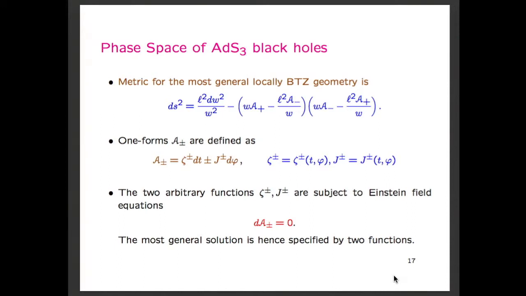If I impose Einstein equations on this general ansatz, these one-forms A plus and A minus should be closed, and this is how I get this large family of locally AdS3 solutions. And I'm going to impose the condition that all these functions are periodic in phi, and I need to also solve this equation.